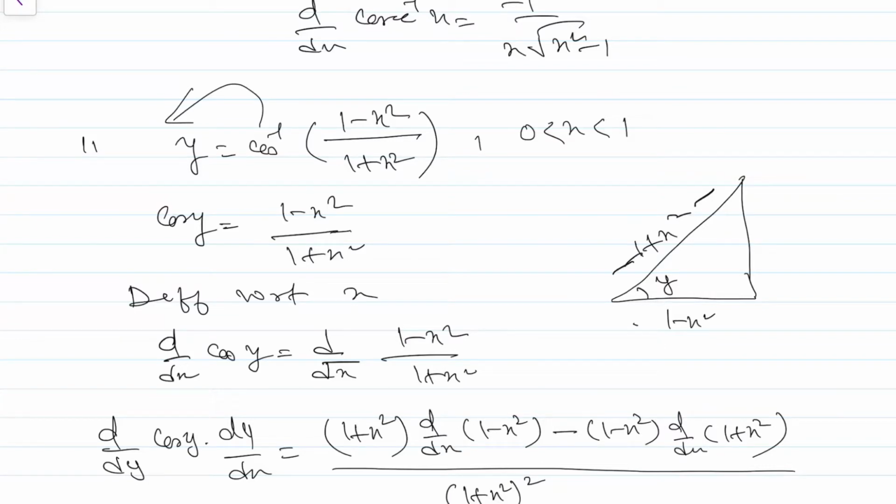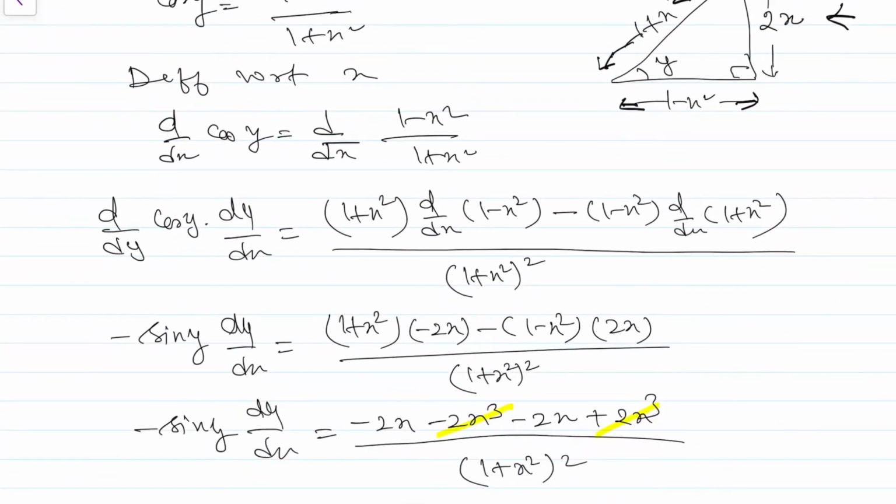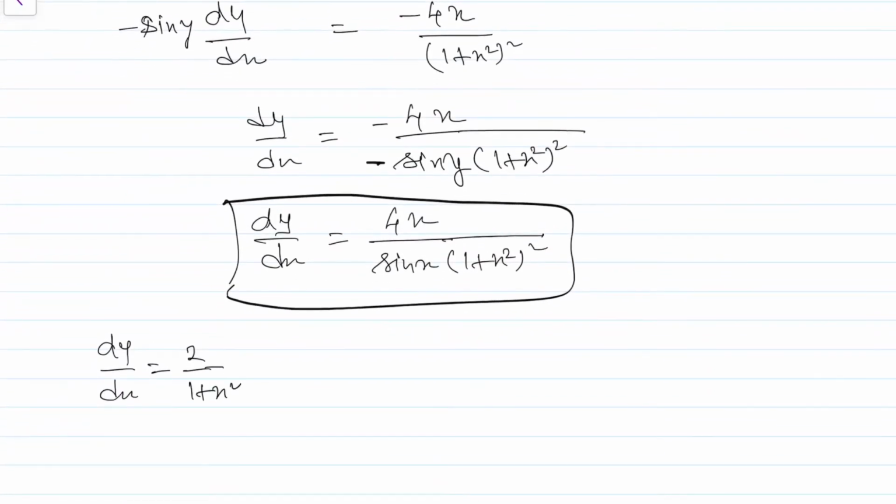Now, if you apply the Pythagoras theorem and calculate properly, you will find that the opposite side will be equal to 2x. So the sine value will be equal to opposite side divided by the hypotenuse, 2x upon 1 plus x square.